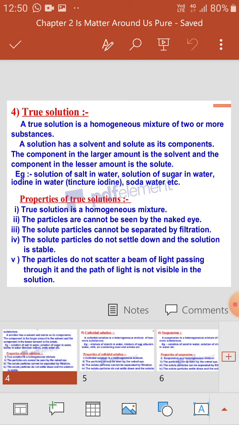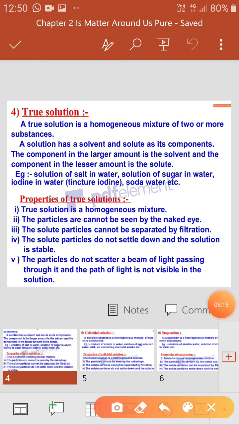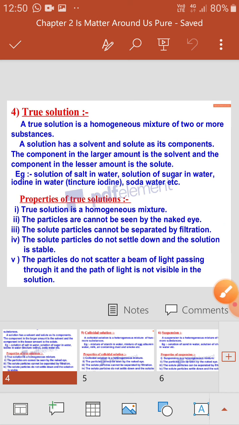The properties of a true solution are: it is a homogeneous mixture, cannot be seen by naked eyes, cannot be separated by filtration, the particles do not settle down, they do not scatter the beam of light passing through it, and the path of light is not visible. We have already discussed this earlier.